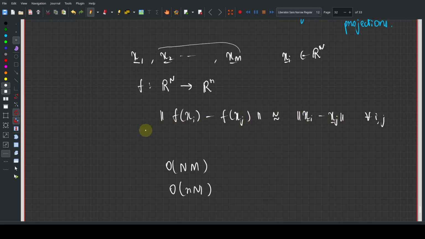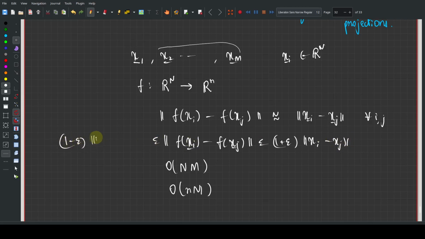Okay, so in particular, I want that, let's say, f of xi minus f of xj should be less than or equal to 1 plus epsilon times the norm of xi minus xj, and greater than or equal to 1 minus epsilon times the norm of xi minus xj.